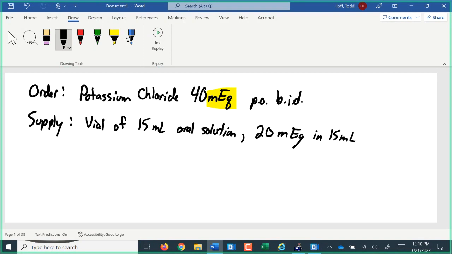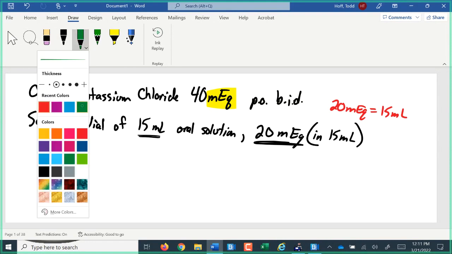So what this is saying is that the whole bottle, I should put the 15 milliliters in parentheses, the whole bottle is 20 milliequivalents of medication. The bottle is 15 milliliters. That tells us that we have that equivalency of 20 milliequivalents equals 15 milliliters.